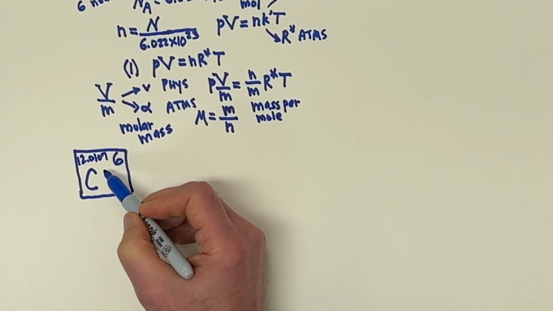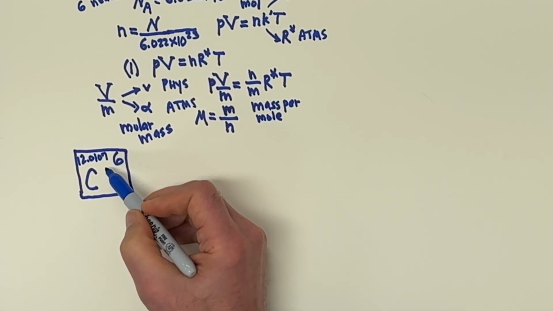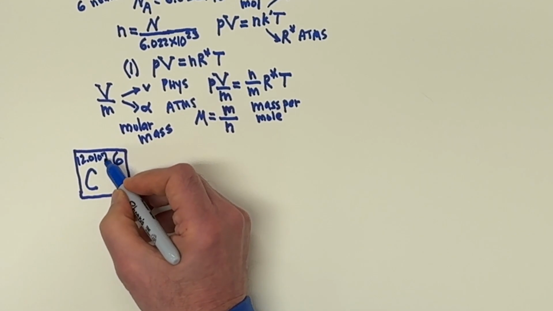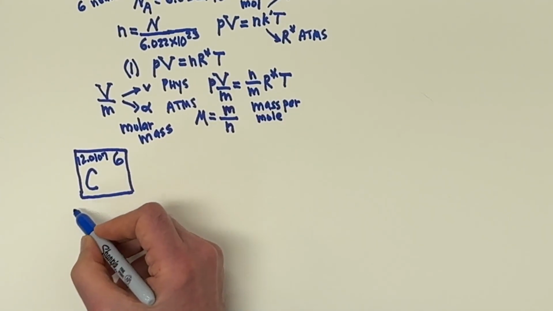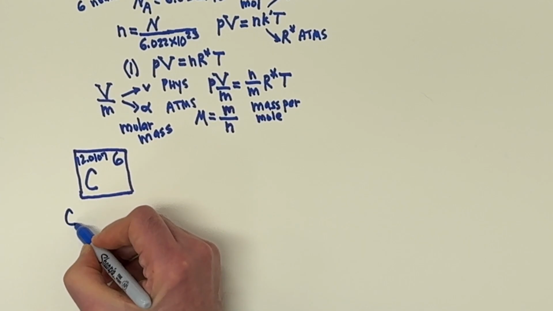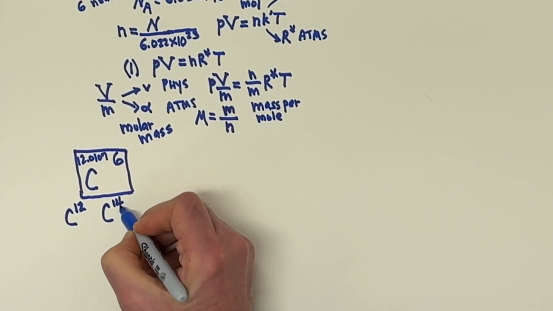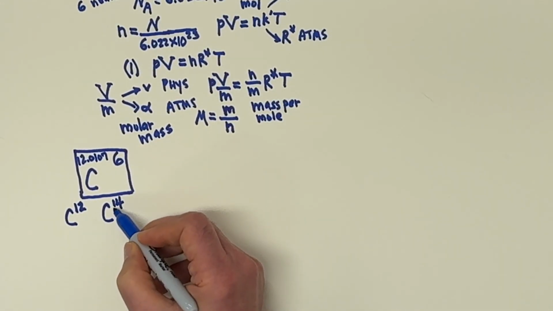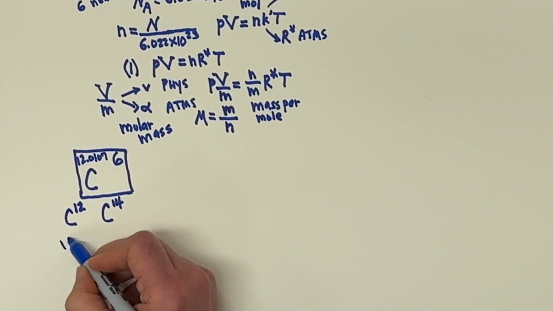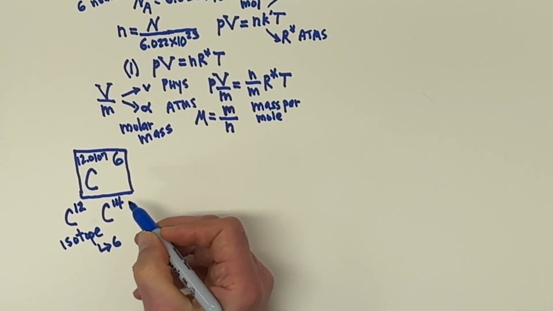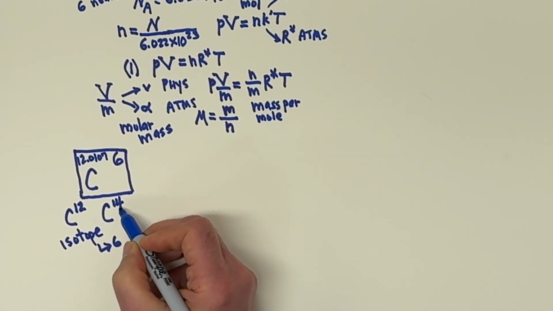Typical carbon has 6 protons and 6 neutrons, and since proton and neutron have basically the same mass, you would just see a 12 up there, but you have the 0.0107 because there are 2 types of carbon atoms. One is carbon 12, and then one is carbon 14 that we find, and these are called isotopes. Same number of protons, which would be 6, but here you have 2 extra neutrons. You have 8 neutrons instead of 6.